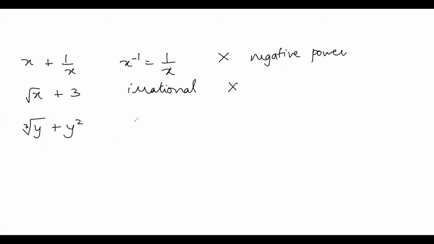And cube root of y is equal to y power 1 by 3. This is also not a polynomial. So different cases where the given expression will not be a polynomial: when you have a negative power, when you have an irrational number or entity, or if you have y raised to a rational number, which is an example here, y power 1 by 3, because 1 by 3 is not a whole number.